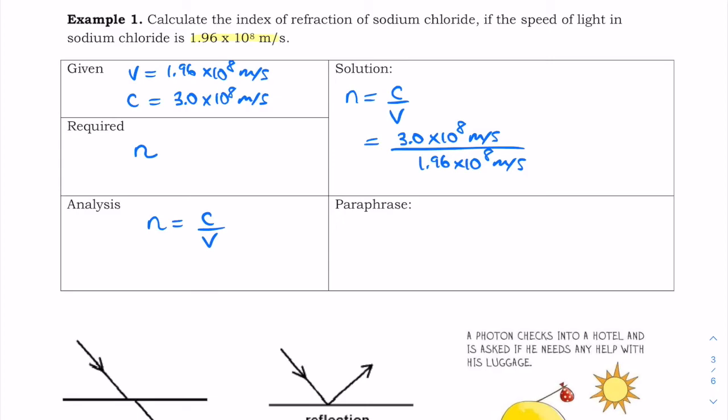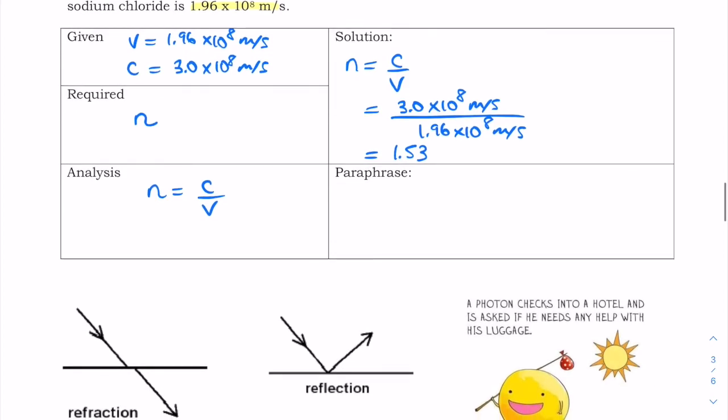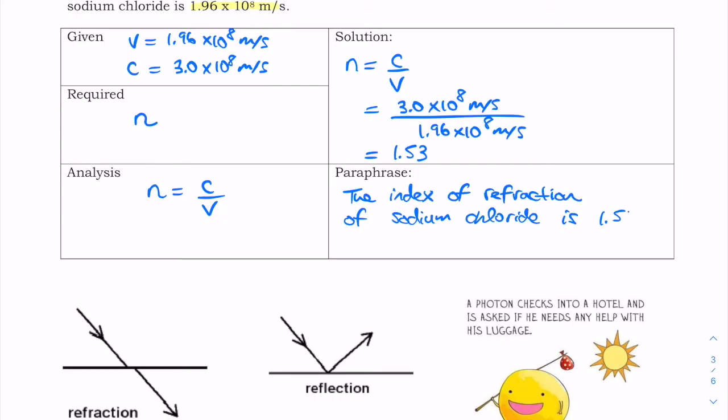And after dividing the two numbers, you should get approximately 1.53. All right, and for our paraphrase, we'll write a therefore statement. So the index of refraction of sodium chloride is 1.53.